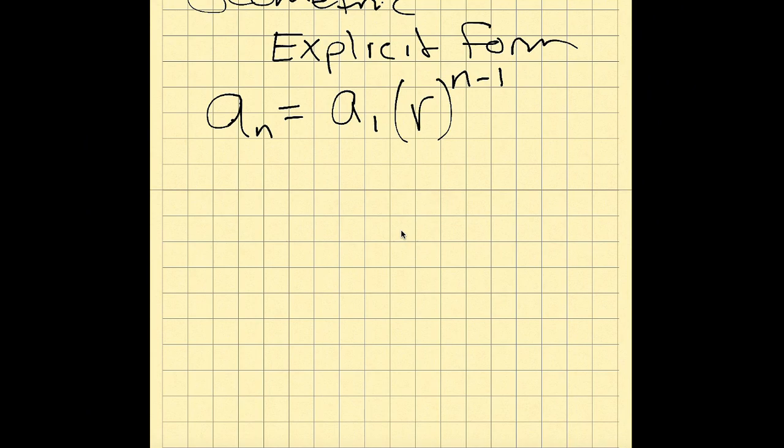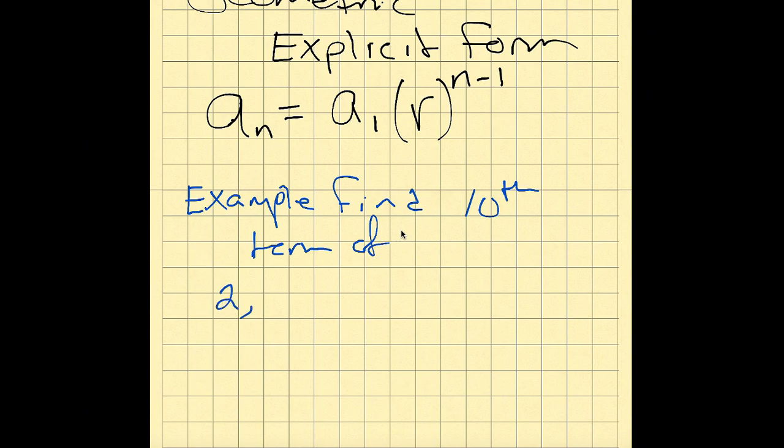So maybe we do something like this. Example: find the 10th term of the following. Maybe I do 2, 4, 8, 16, and so on.